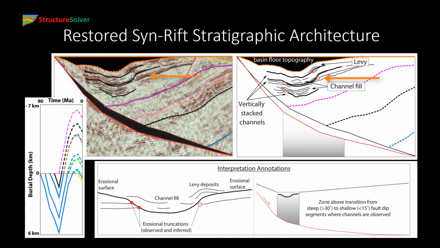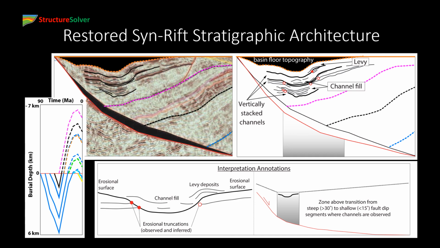The edges of the concavities are defined by truncated reflectors, and the concavities themselves are filled by reflectors that do not extend beyond the boundaries of the concavity itself. Altogether, these seismic features are characteristically similar to a sequence of stacked fluvial channels.